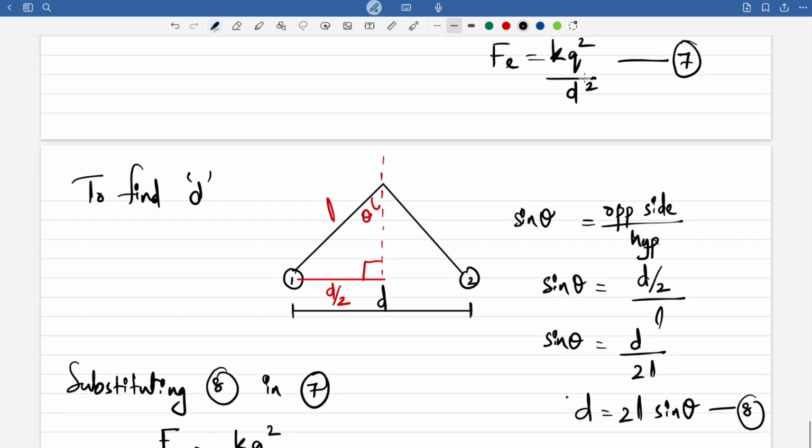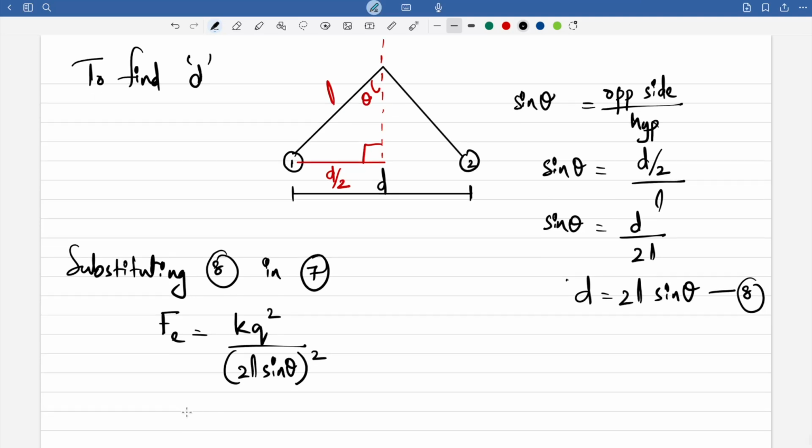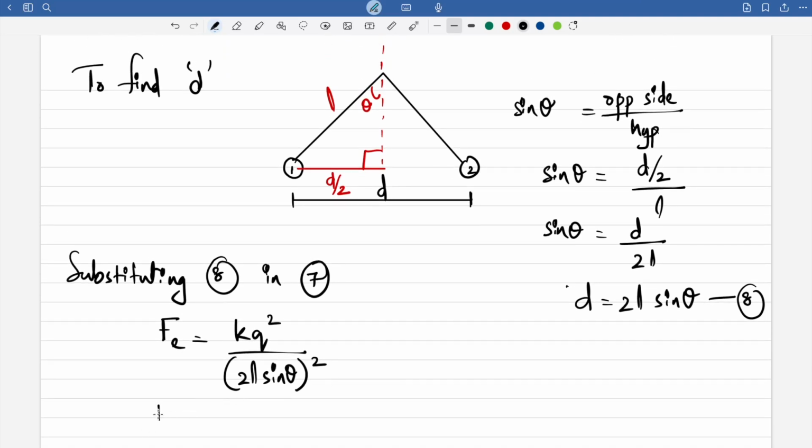But in the equation it's D square, so you have to take the square as well. So Fe equals kq square over, applying the square, 2 square is 4, L square is L square, then sine square theta.